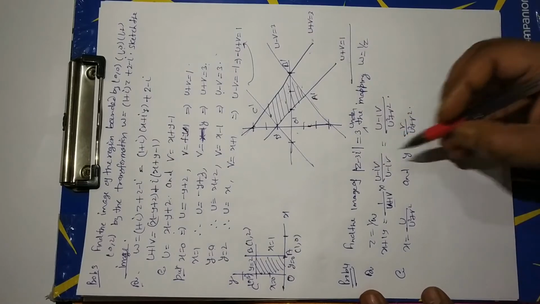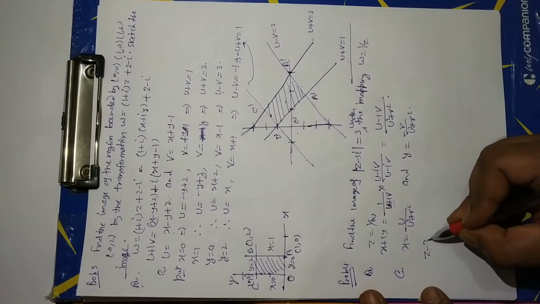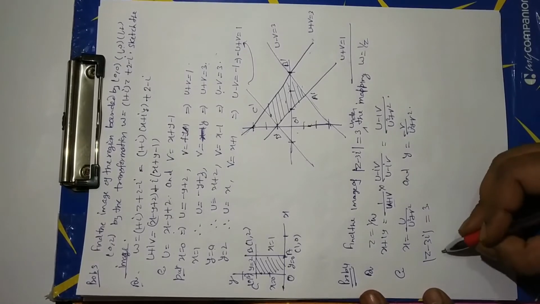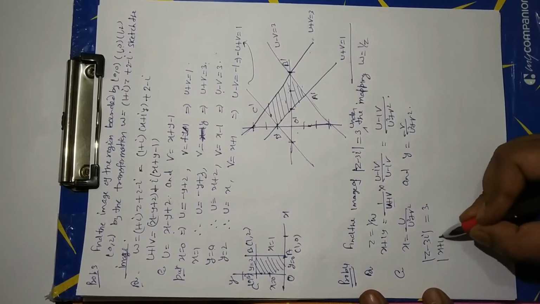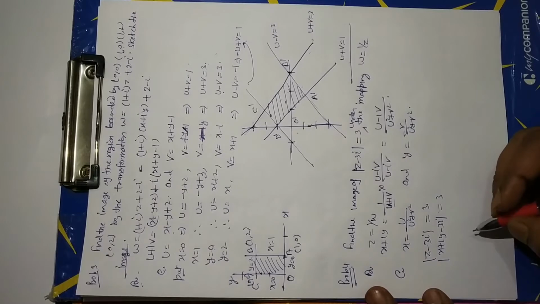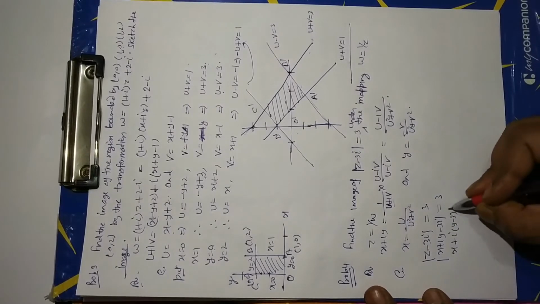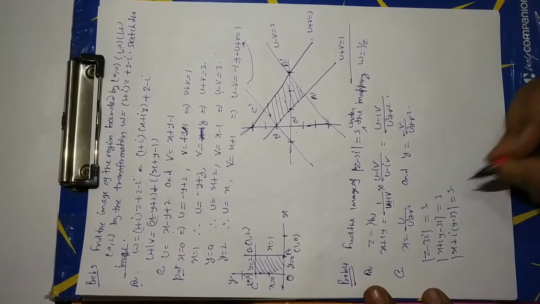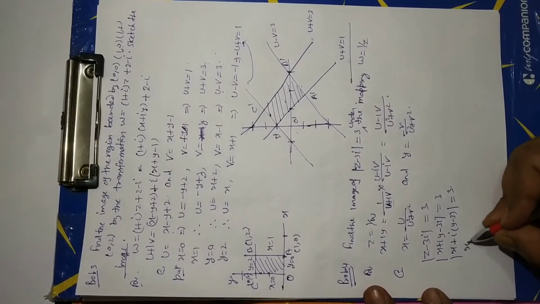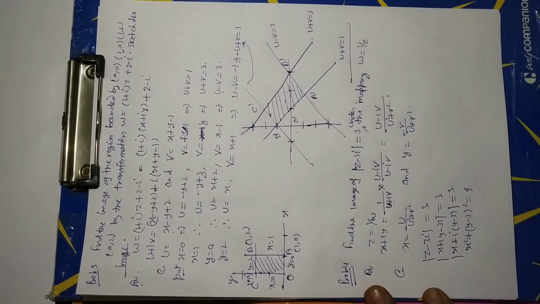Now the given equation is |z - 3i| = 3. Putting the value of z, |x + iy - 3i| = 3, that is |x + i(y - 3)| = 3. Taking the modulus and squaring, x² + (y - 3)² is equal to 9.